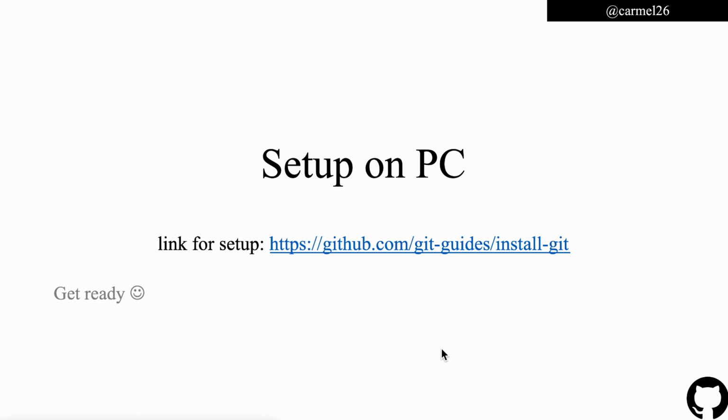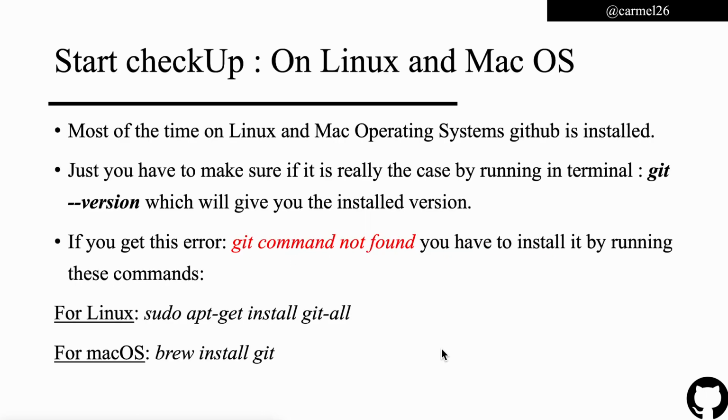Now the second part is to set up GitHub on your PC. Here is a link for the setup process. You can use it for a quick and fast setup. Start by checking on Linux and Mac OS. Most of the time Linux and Mac OS already have Git installed.